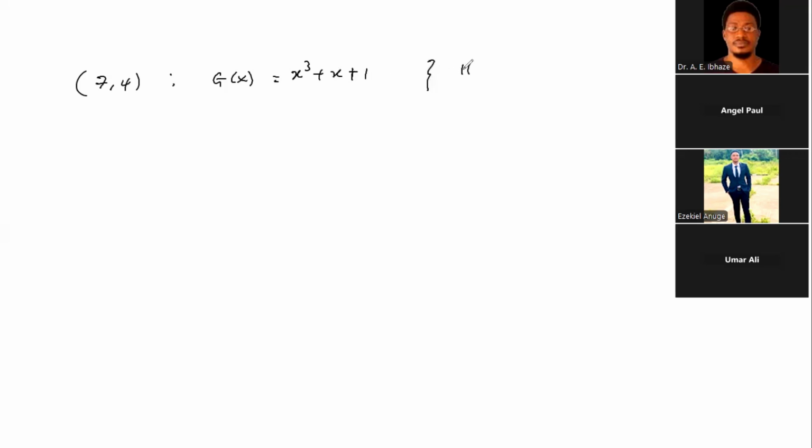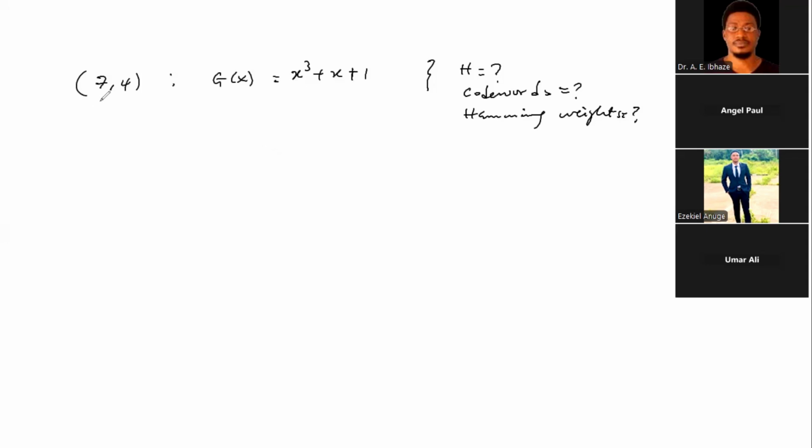We have been asked to design the parity check matrix and also the code words, and then the Hamming weights. So we have 3 things to do here. And all we have been given is that it's a 7-4 block code or cyclic code with the generator matrix.